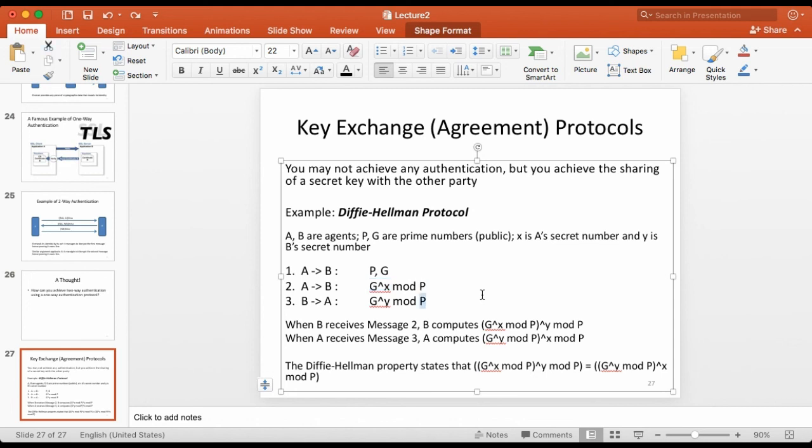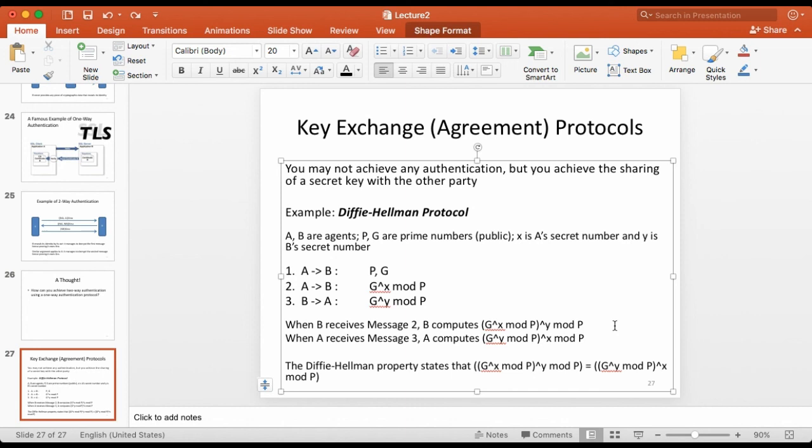So the two entities A and B exchange two numbers which are computed in these two ways. But these two numbers have a very interesting property: if you perform the next computation on them, i.e. if you raise them to your own secret number modulus P, you end up with exactly the same number as the other side has computed.